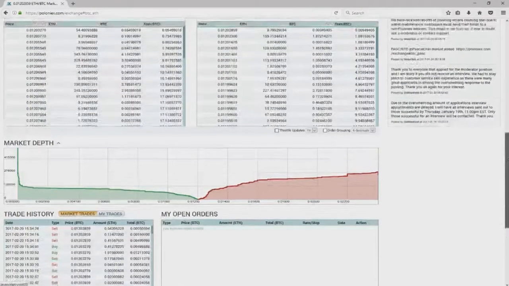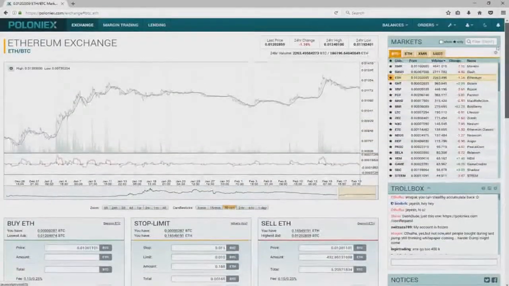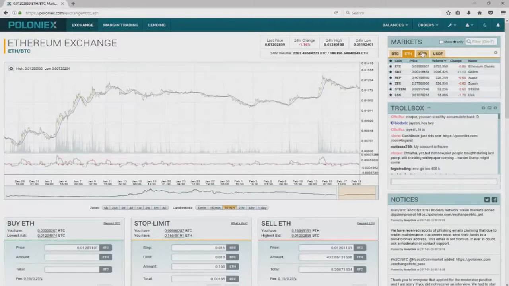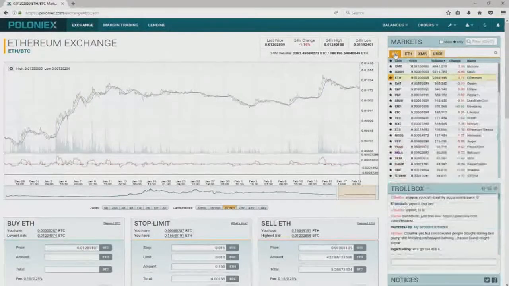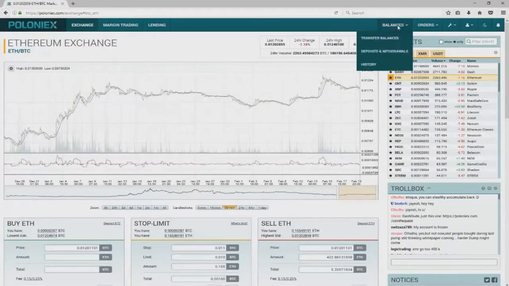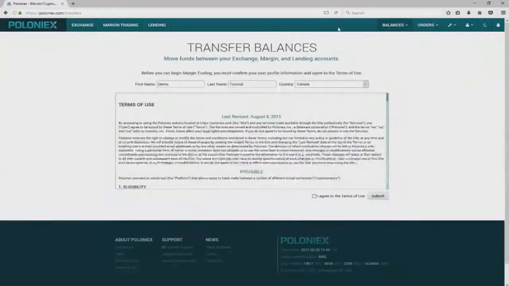And I'll show you how to transfer funds. So now that's exchange, and you could trade on the Ethereum markets, the Monero markets, and the USDT, but I like to just stick with the Bitcoin markets because they're the most liquid. So if I want to transfer balances between exchange and margin, for example, I just click on transfer balances.